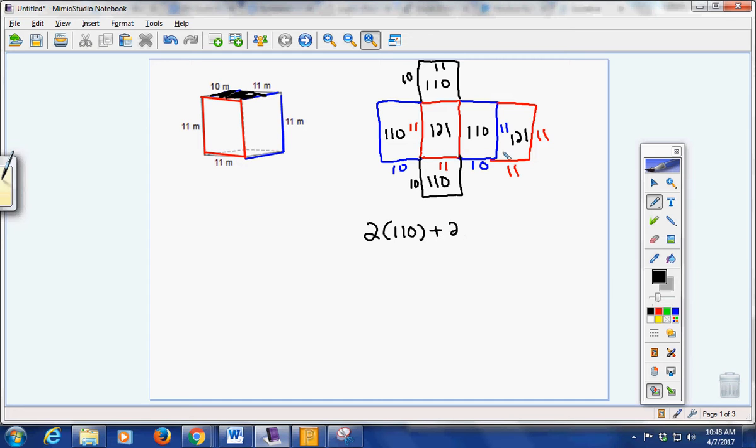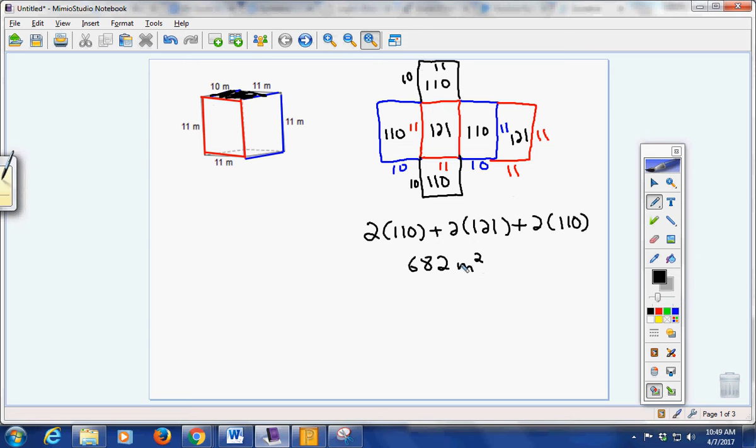Plus 2 front and backs, plus 2 sides. And again, surface area, how much wrapping paper, how much paint would we need to cover all the outsides? So if you type all of this in a calculator, it should equal 682 square meters.